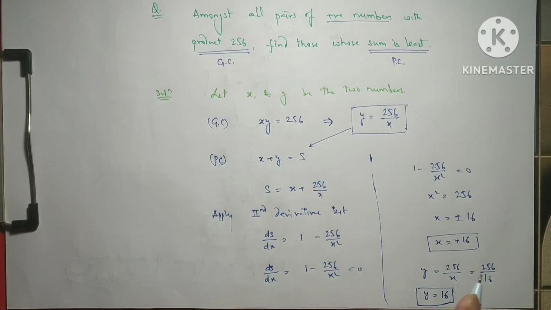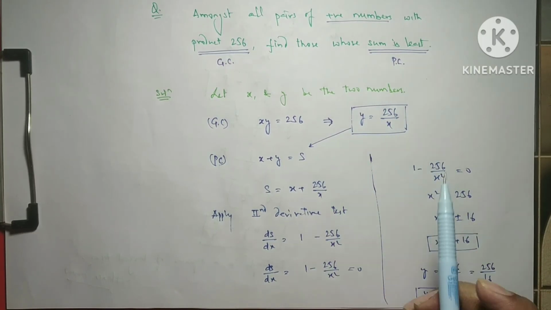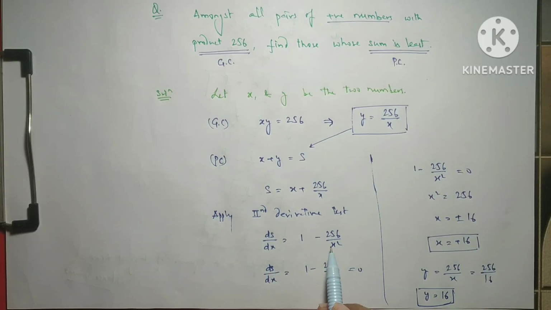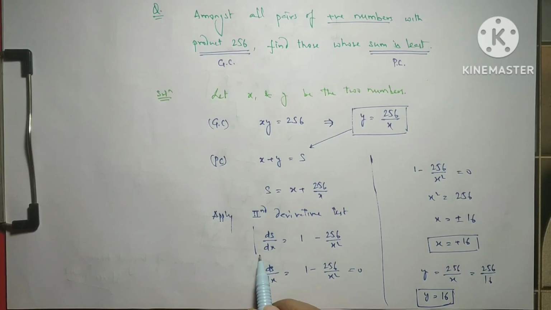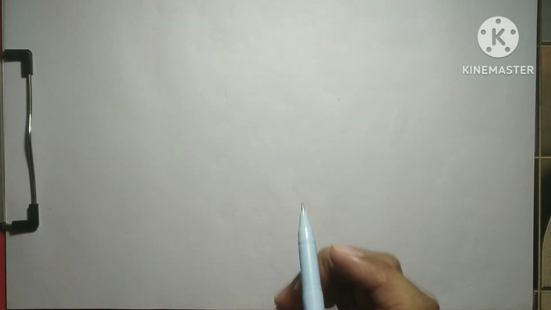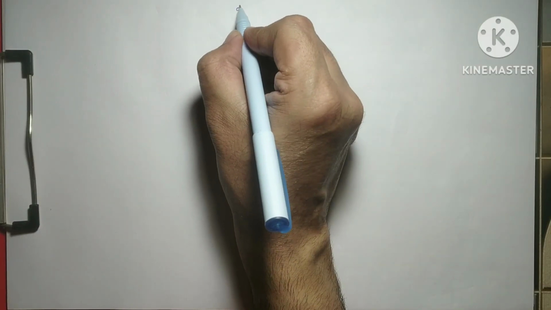But right now one thing is remaining. We should prove that the sum is least. So for proving it, we will obtain the second derivative d2s over dx square. So we will differentiate the equation again.